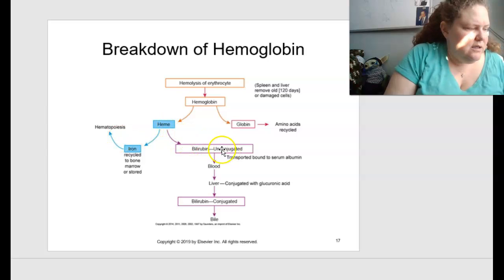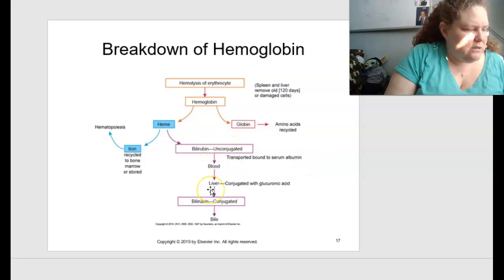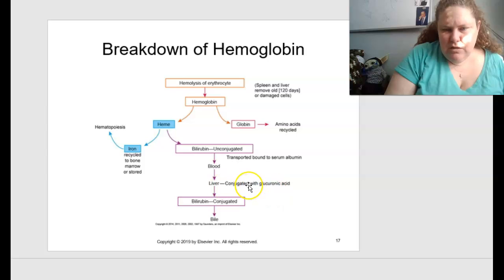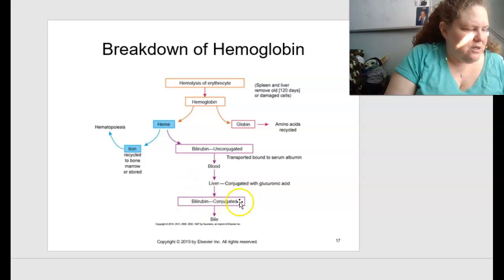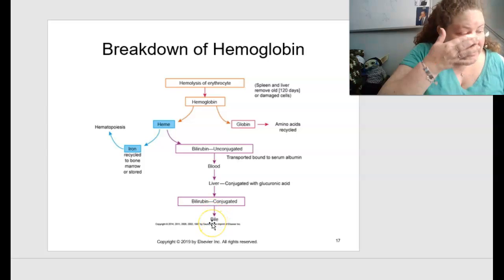And then your heme gives bilirubin, which is unconjugated and is transported by being bound to the serum albumin. Then this goes into your blood, and then into the liver, where it's conjugated, or stuck with glucuronic acid, forming conjugated bilirubin, and then that goes down into the bile.